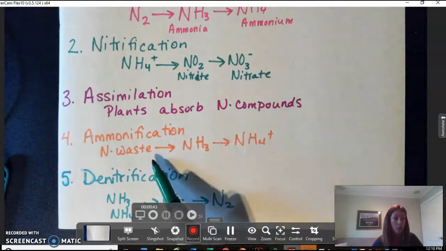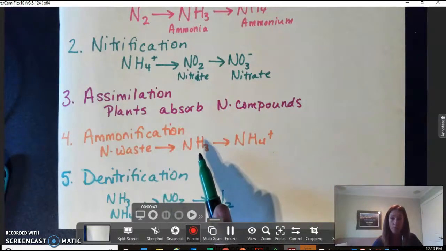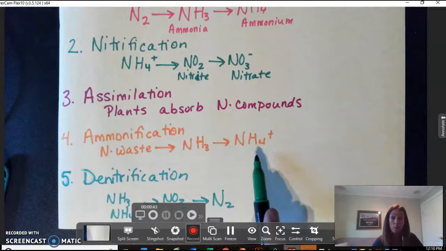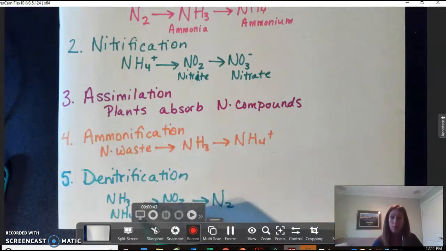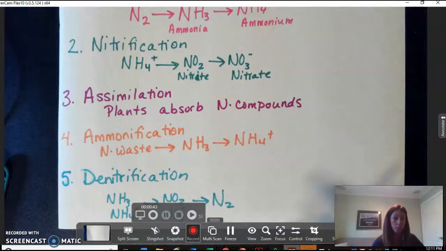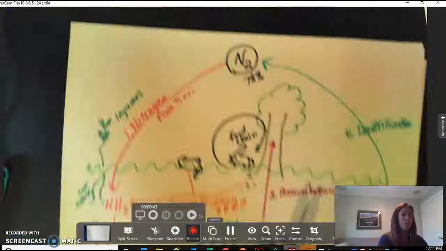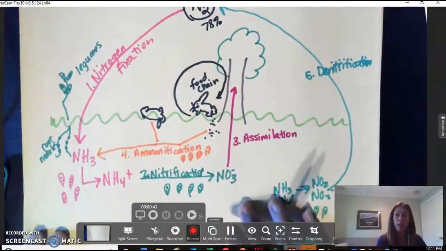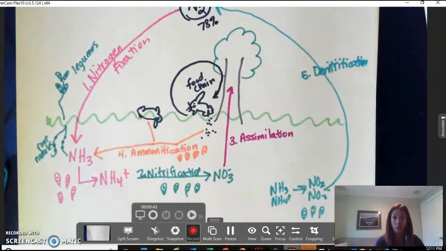We have ammonification, where the nitrogen waste is converted to ammonia and then ammonium. And then we have denitrification, where it takes the leftovers and puts it back. Now, some of the key things about this cycle are that it is driven by bacteria, and most of it occurs underground. Now, there are definitely some human impacts that we need to address.